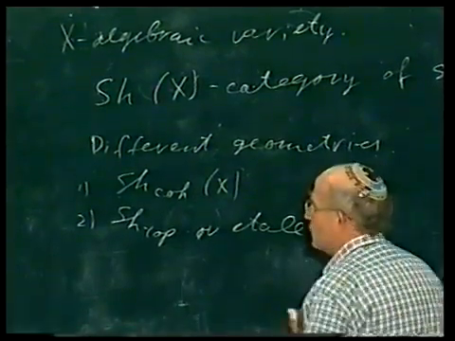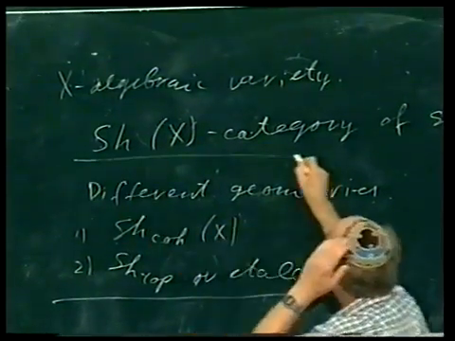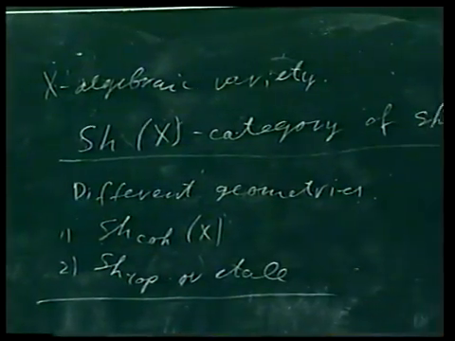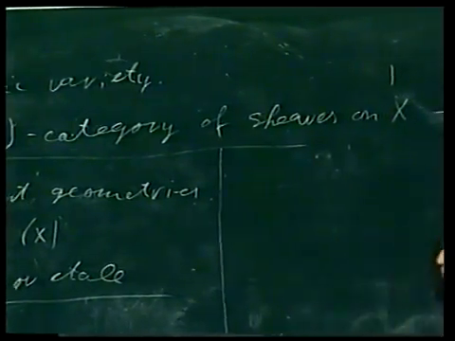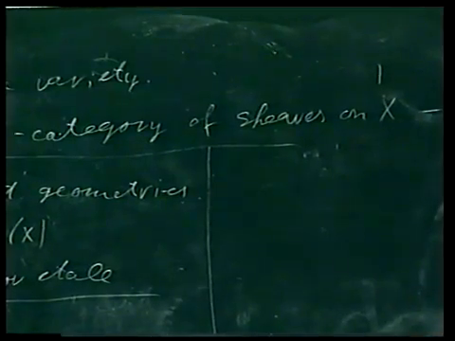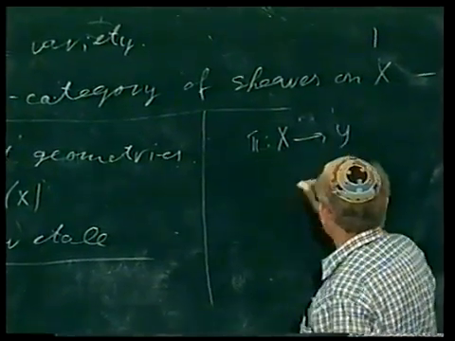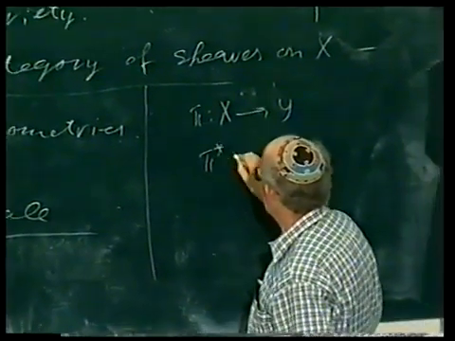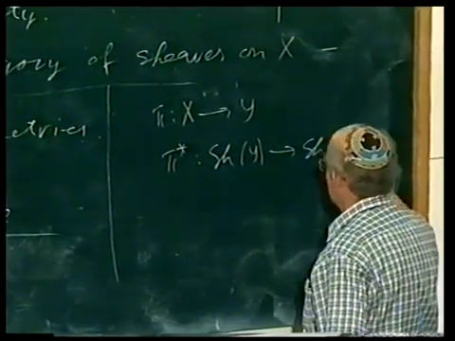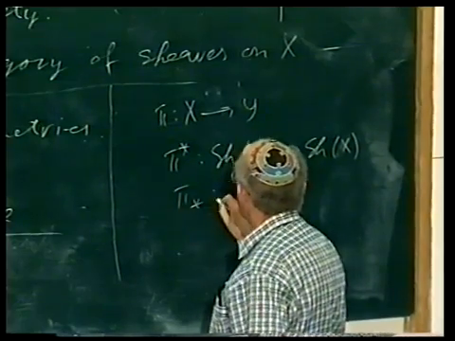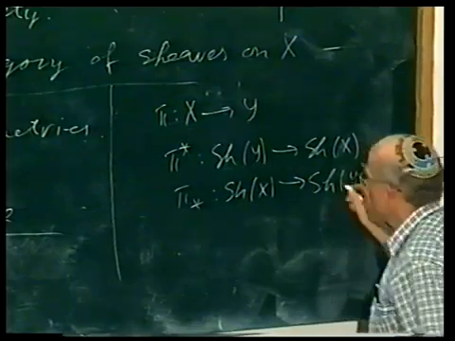So now, of course, I claim that the geometry of an algebraic variety is given first by some category of sheaves. But this is clearly not enough. You have to have functors between different categories. Namely, if you have a morphism X into Y, then you should have functors from sheaves on Y to sheaves on X, functors of direct image from sheaves on X into sheaves on Y, and so on.